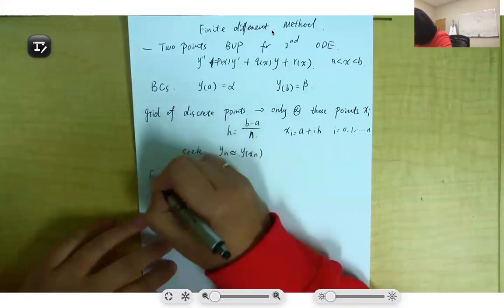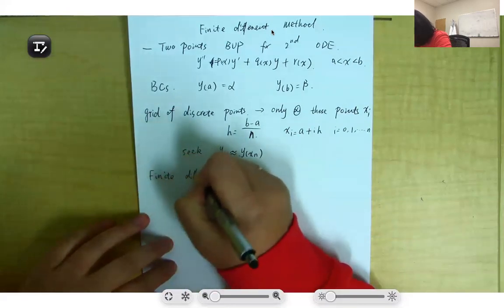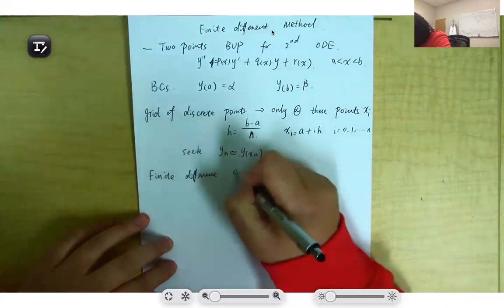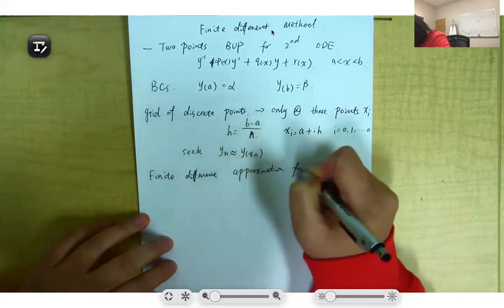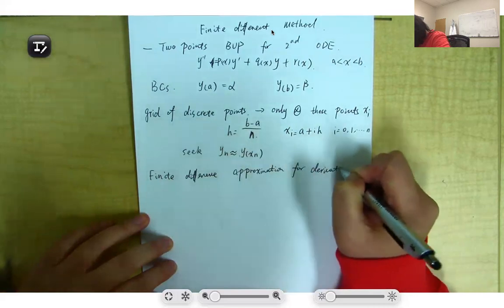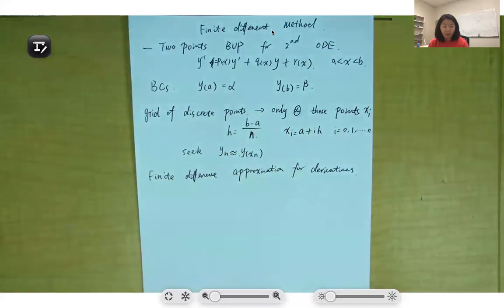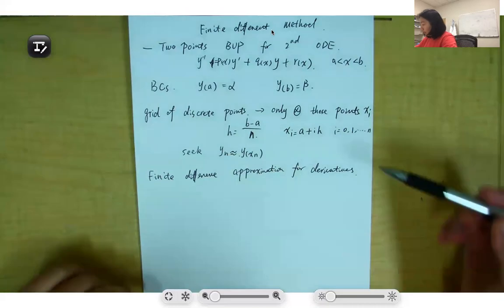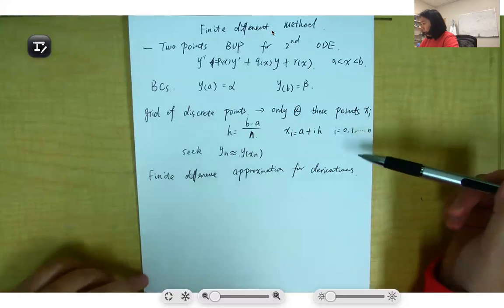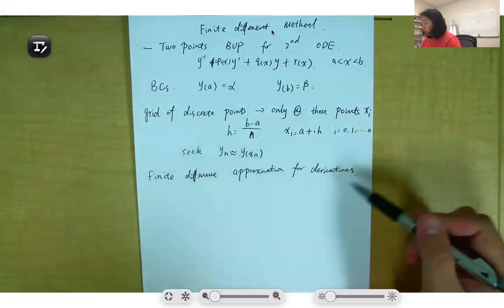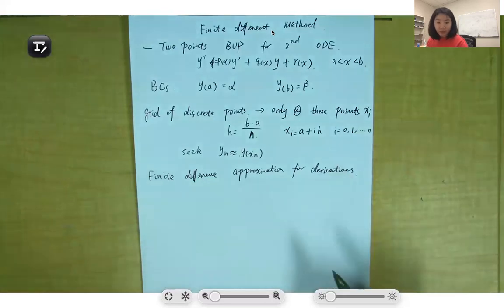And for the finite difference approximation for the derivative, we already know the finite difference method replaces the continuous ODE with finite difference approximations from x0 to x final, writing in a discrete format instead of the continuous derivatives.